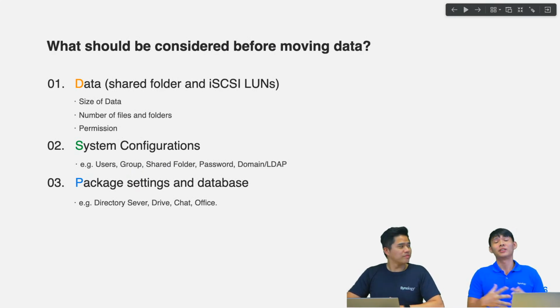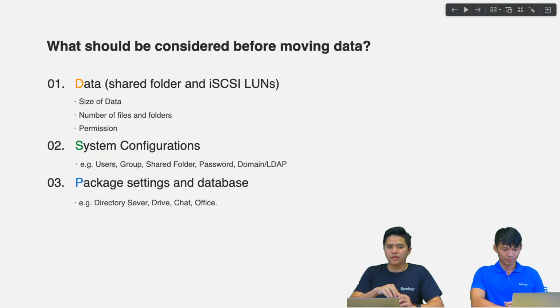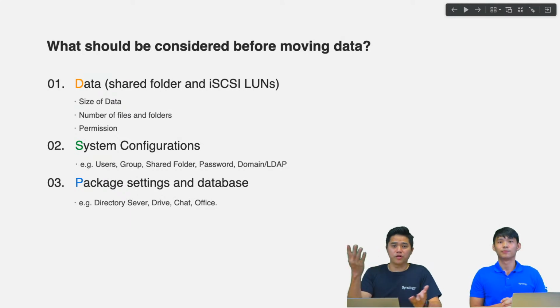Now there is plenty of information I just mentioned. Ralph, do you still remember? Of course. Right now, please allow me to highlight the key points which Eric just mentioned earlier. What should be considered before data movement? First, of course, data. The data we are talking about here is not only the data in shared folders, but also the data in iSCSI LUNs.